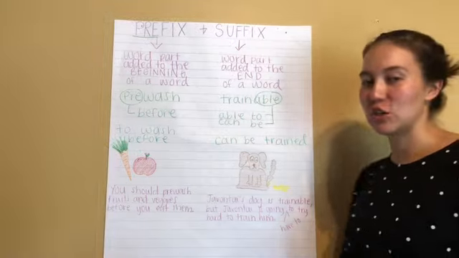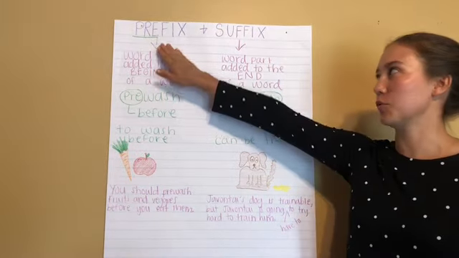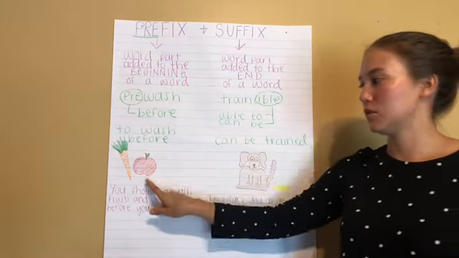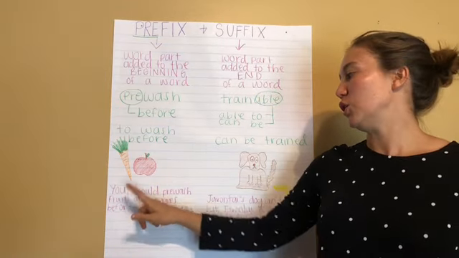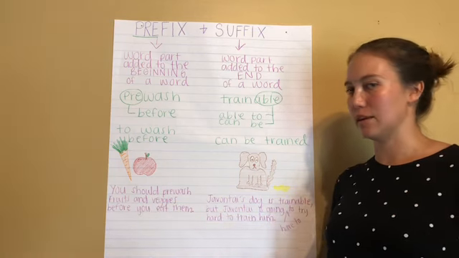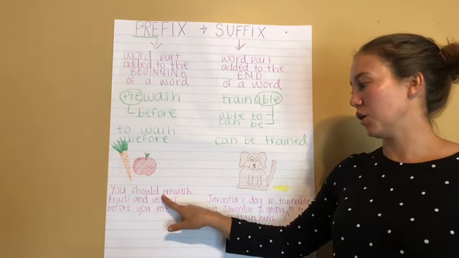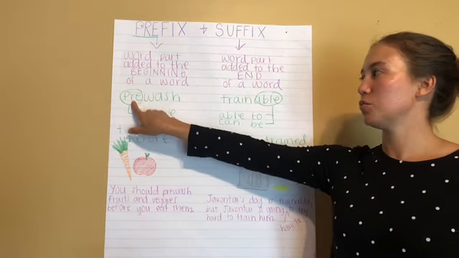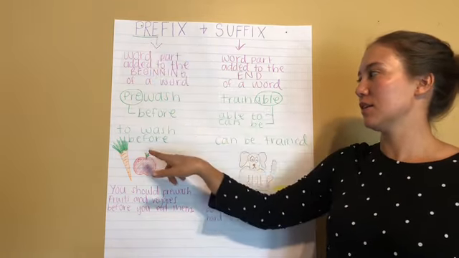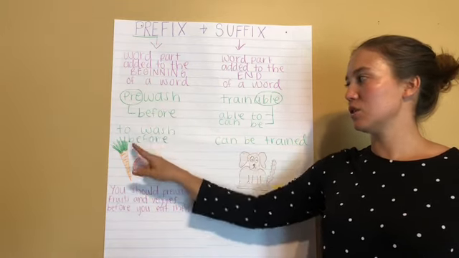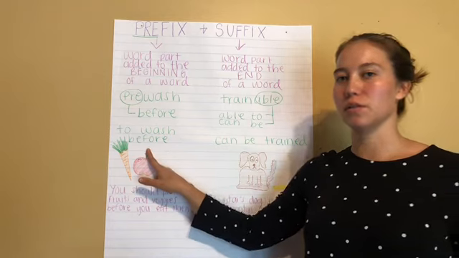Here we have two sample sentences using our prefix and our suffix. So here's our fruit and vegetable. You should pre-wash fruits and veggies before you eat them. And the word is pre-wash. In the word pre-wash, pre is the prefix and it means before. The word together, pre-wash, means to wash before.